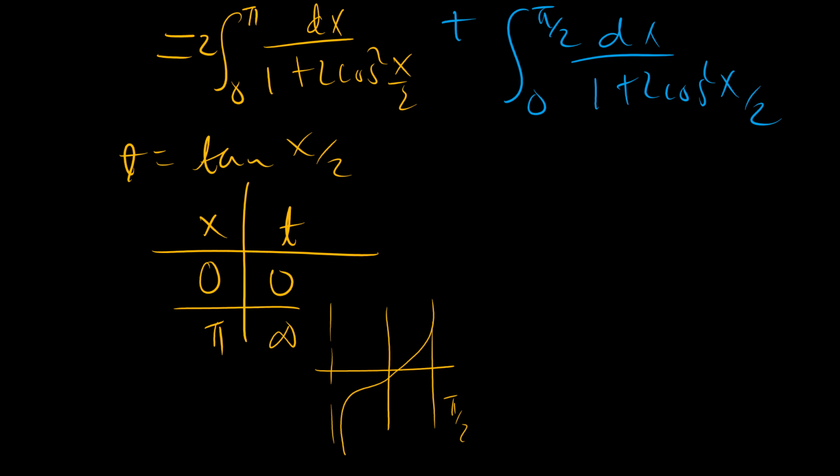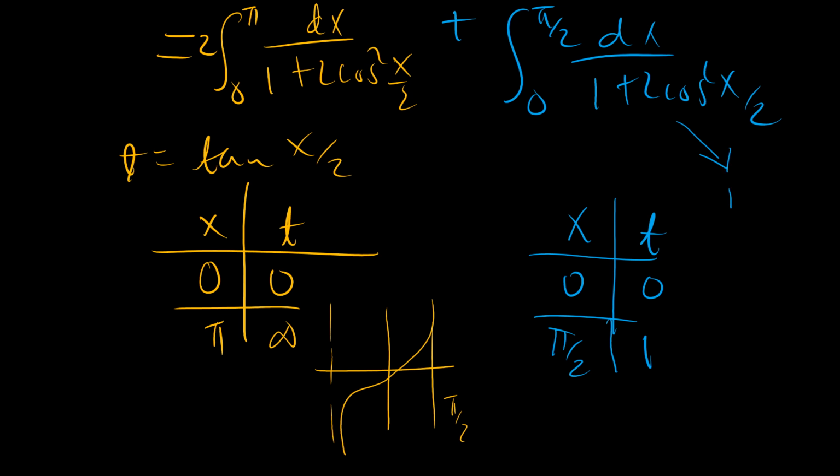And for the blue integral, we have x and t, 0, pi over 2. From 0 is 0. At pi over 2, which is tangent of pi over 2 over 2, which is pi over 4, this becomes 1. And so we have interesting limits, but also what's key here is you have a triangle with angle x over 2, right?